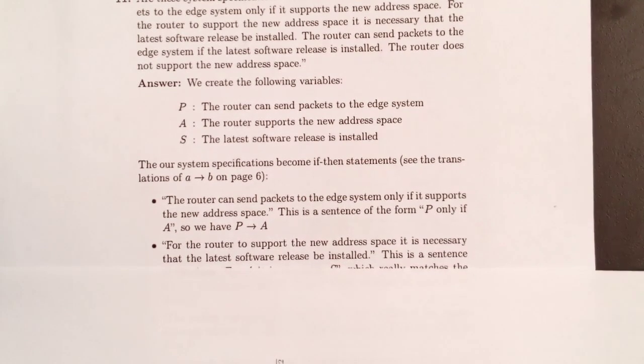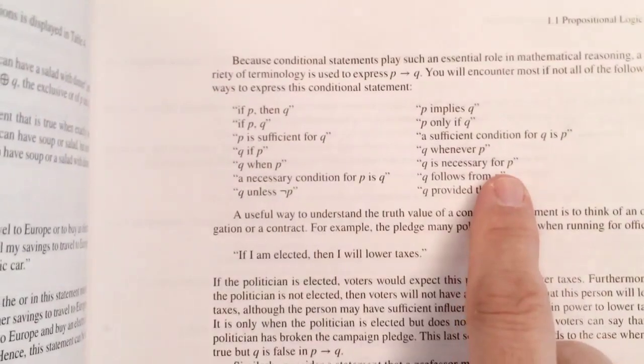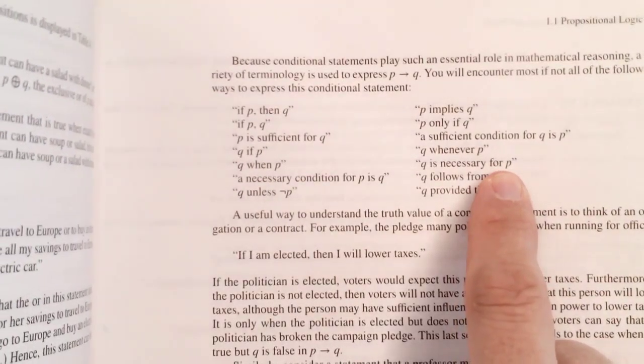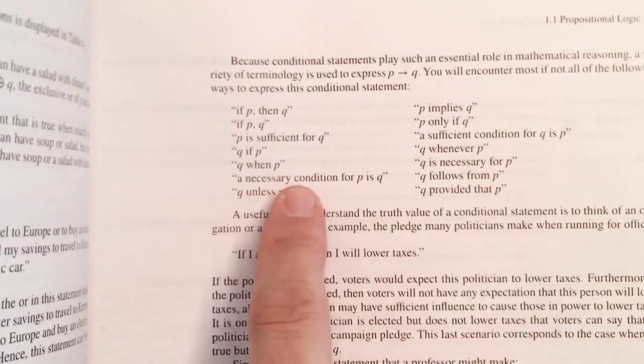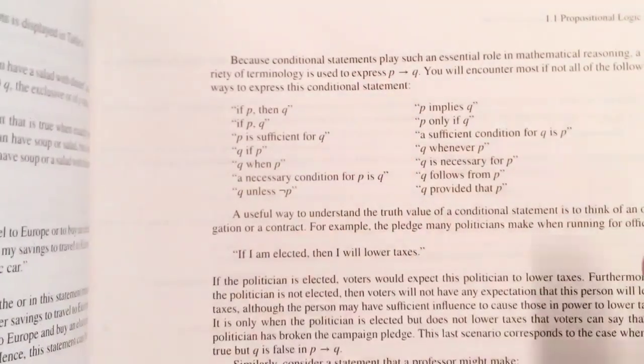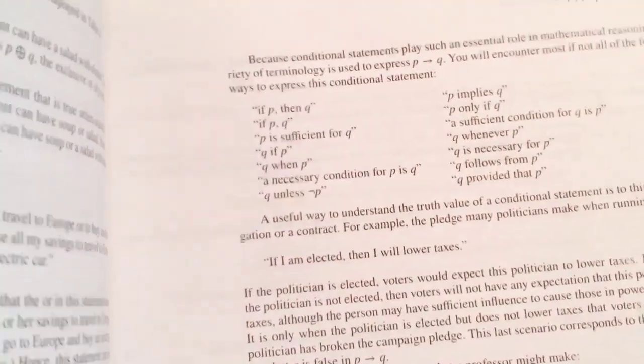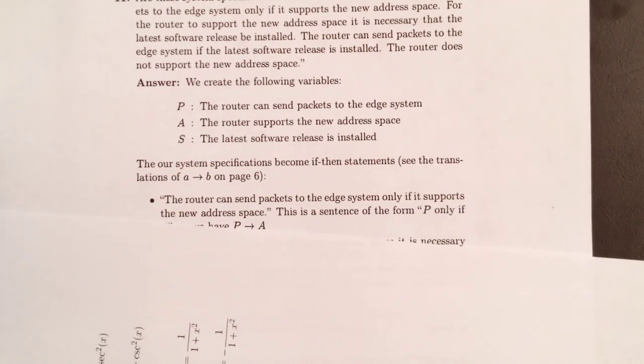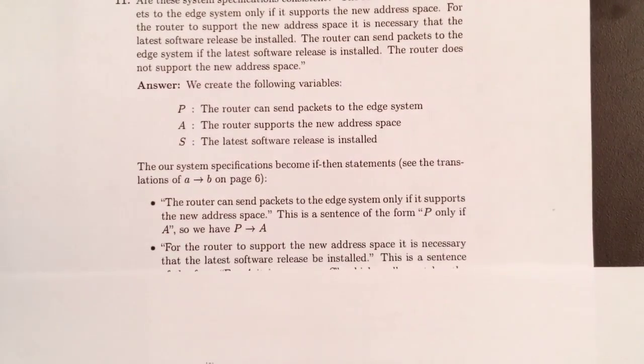Because in both of the versions on page 7, the word for went with the first part. Whenever I see necessary, for P. That's the first. So it's A arrow. A arrow, what? A arrow S.